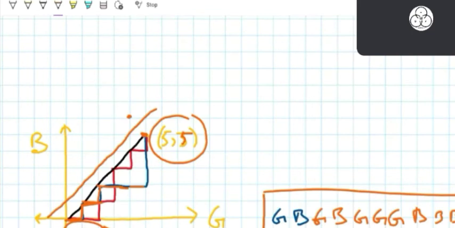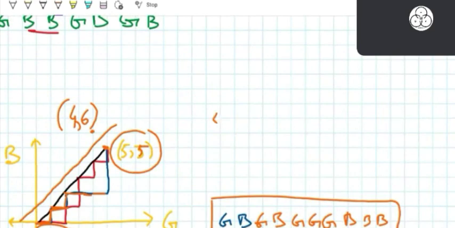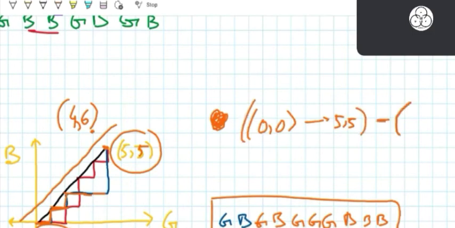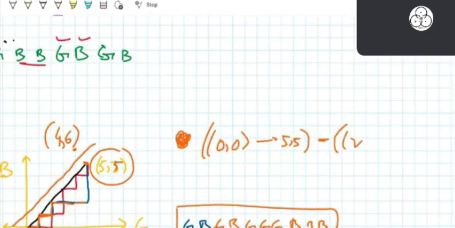Number of arrangements should be simply the number of paths from 0, 0 to 5, 5, subtracted by the number of paths which are crossing the diagonal.